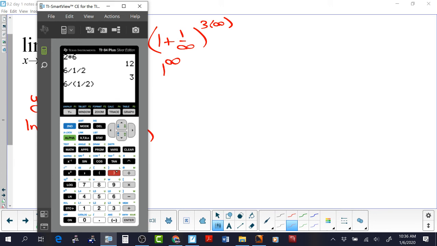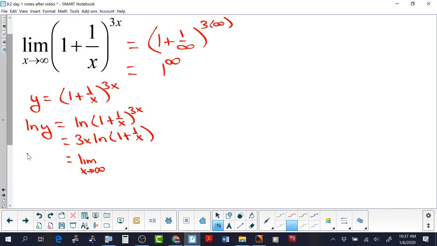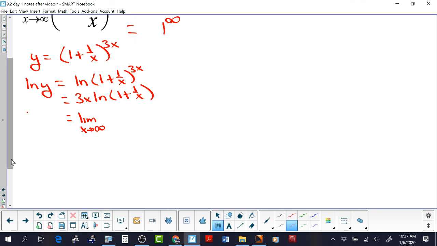If you use parentheses, it still is 12. So we're going to create a fraction here by dividing by the reciprocal. We're going to do natural log of 1 plus 1 over x over 1 over 3x. That's the same thing. It looks different, but it'd be the exact same value. Multiplying, dividing by the reciprocal, same thing.